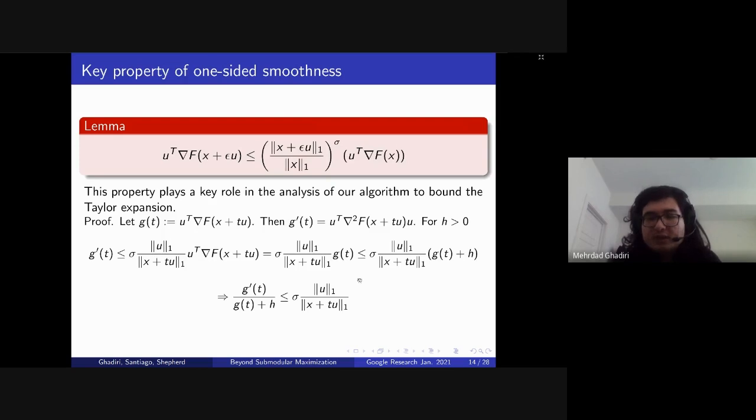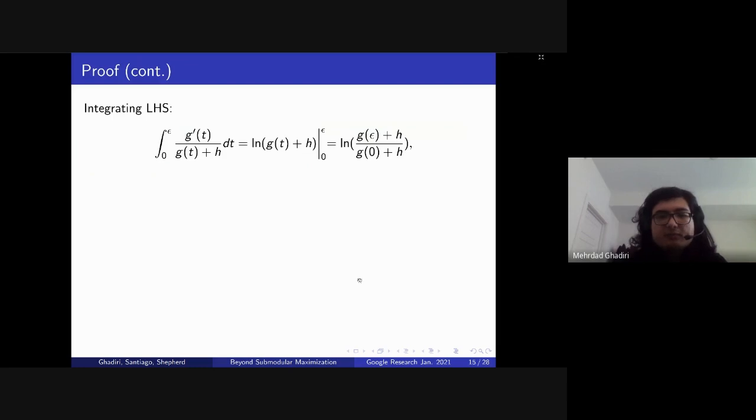Just moving g of t plus h to the left-hand side, we get this inequality, which says that g prime of t over g of t plus h is less than or equal to sigma times that fraction of L1 norms. And then we just integrate both sides.